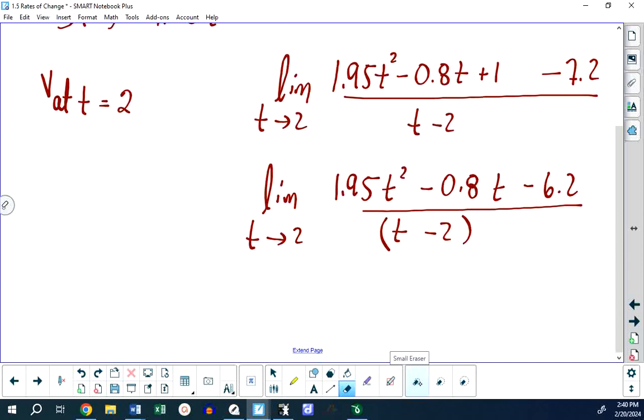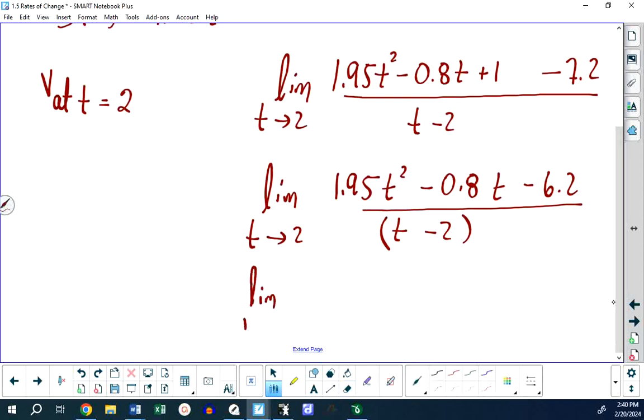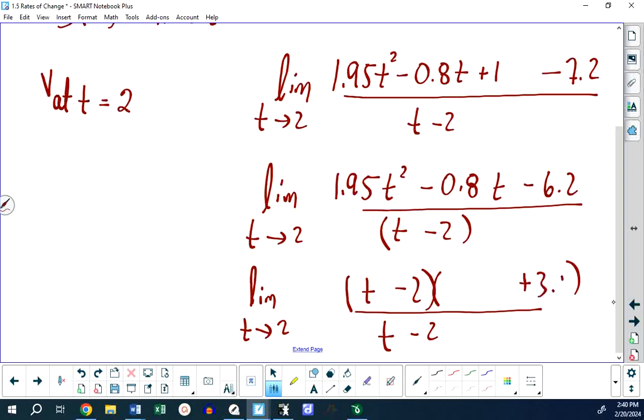But the fact of the matter is, there has to be a factor of t minus 2 on the top. There has to be. Which means this has to be plus 3.1, because 3.1 times 2 gives you 6.2. And this has to be 1.95 t. And FOIL that out, you're going to get what's on the top. I guarantee it. We don't have to. But to me, that's weird.